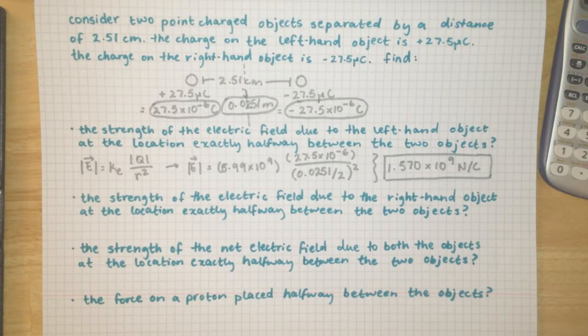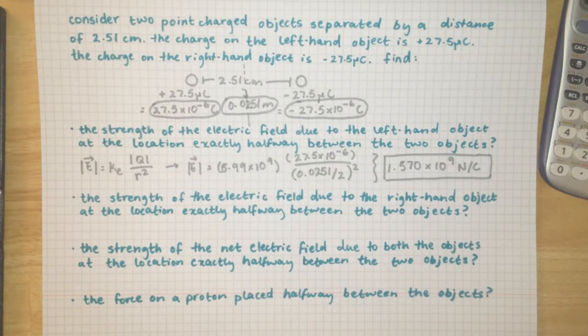So the next question is the strength of the electric field due to the right-hand object at the location halfway between the 2 objects. So it's the same question, same data, just the right-hand object. And so for this, we have to keep in mind that in this formula, the charge over here is actually the magnitude of the charge. So you can see these absolute value signs.